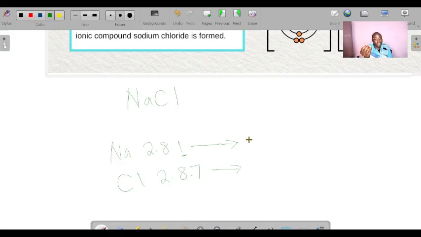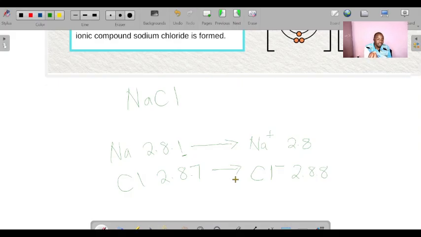So we are going to have now our sodium ion, which is 2.8. Similarly, our chlorine is going to gain an electron and it becomes a chloride ion with a configuration of 2.8.8.